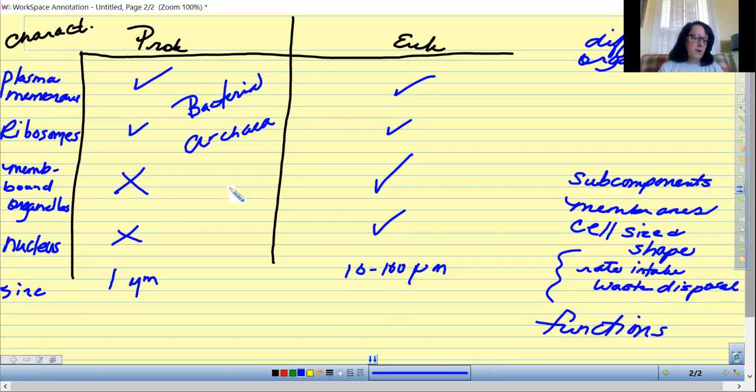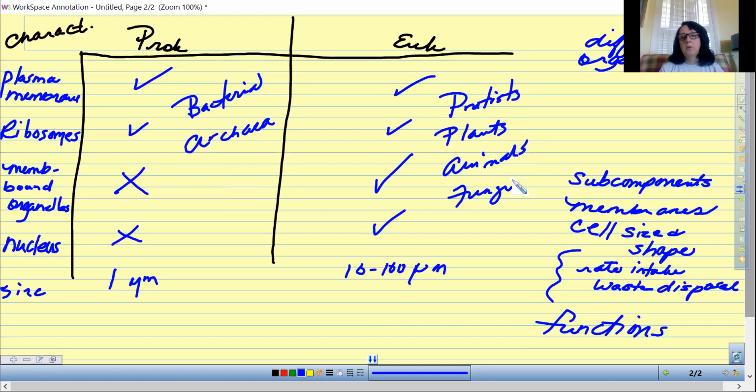And so eukaryotes are everything else: protists, plants, animals, fungi. So you know that the bacteria are over here and everything else is in the eukaryotic cell.